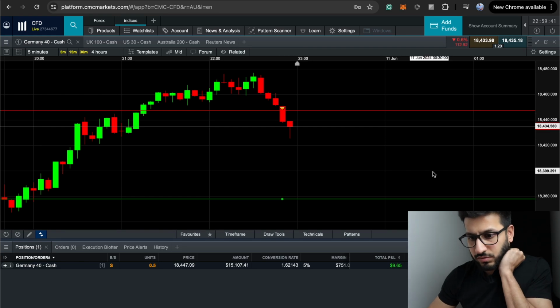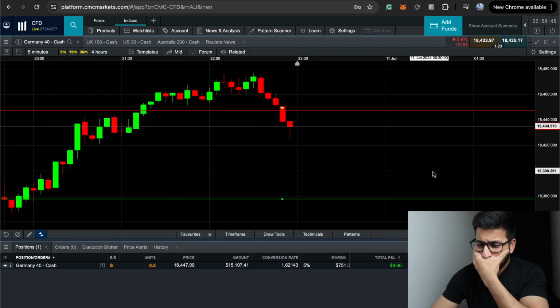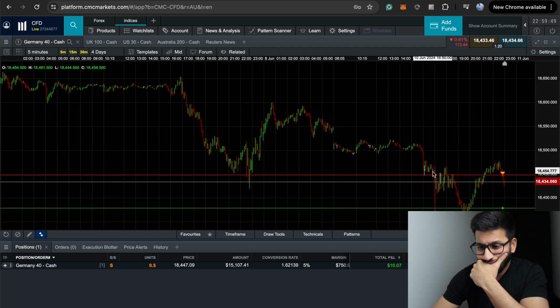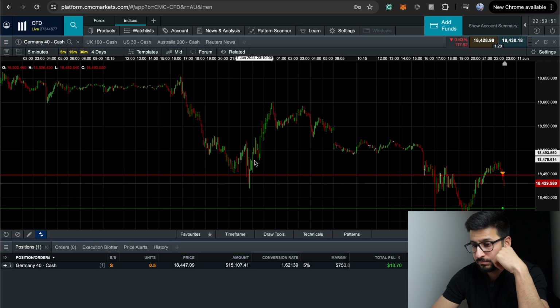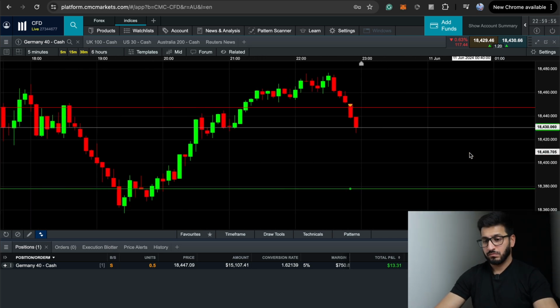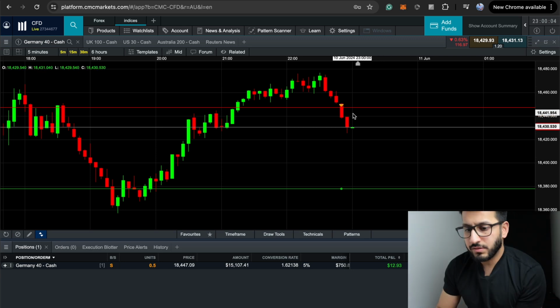Make it organized. 1 second. Yes, there's some bias at this point.